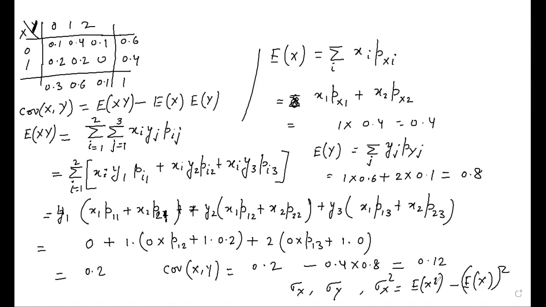We need to find only the expectation of X squared, and by finding it we will get sigma X. Similarly, we will get sigma Y, and the correlation coefficient rho XY will then be the covariance of XY divided by sigma X into sigma Y. In this way, we can find the correlation coefficient as well as the covariance for the particular problem.